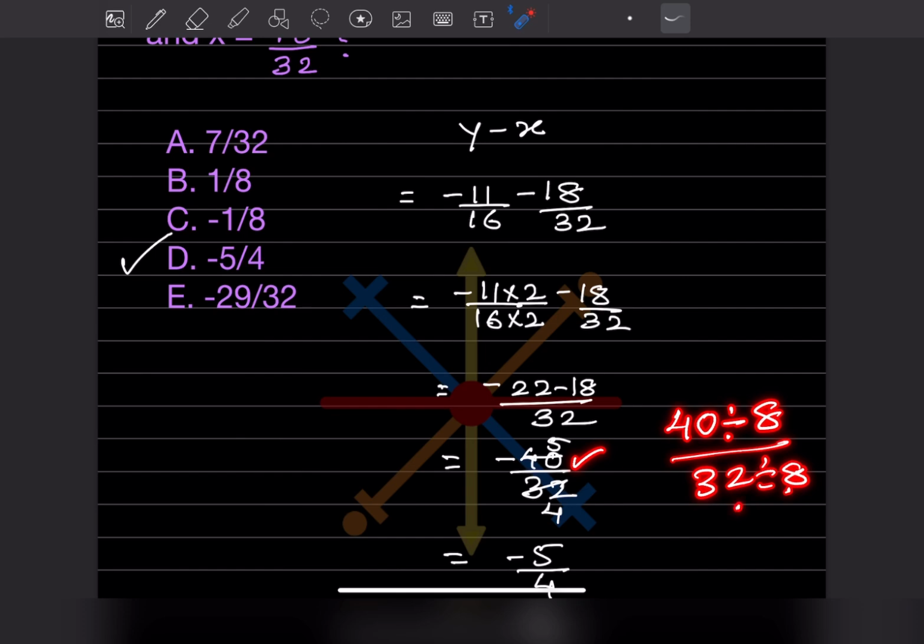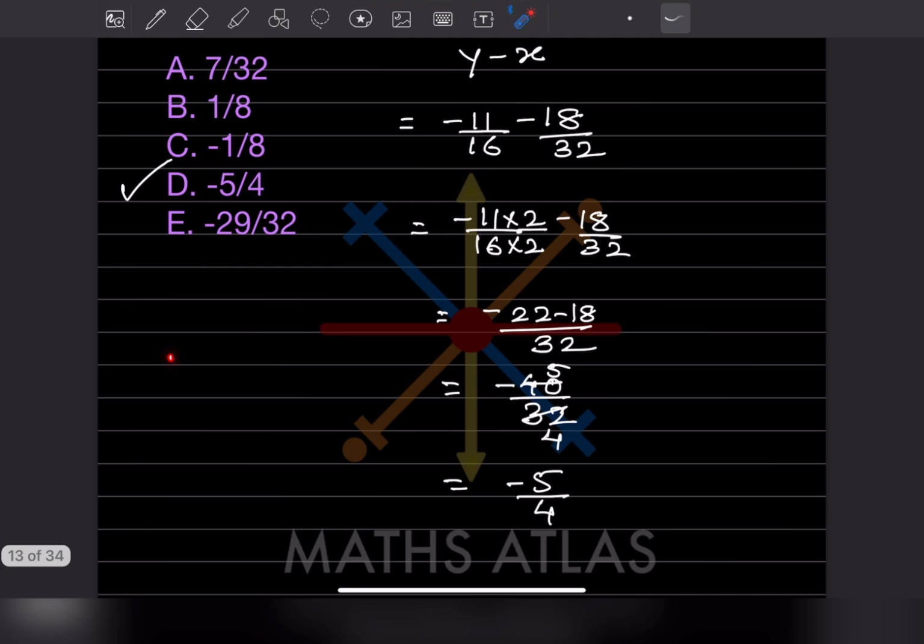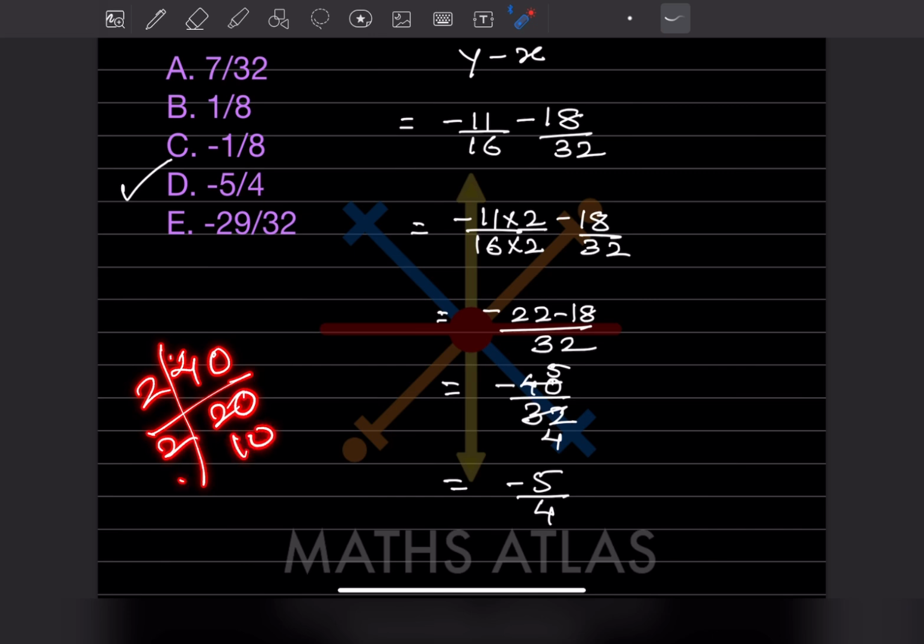I'll just show you how to take the HCF. You'll take the factors of 40, so 20, and this is going to be 5. These are the factors of it. And you will take the factors of 32.